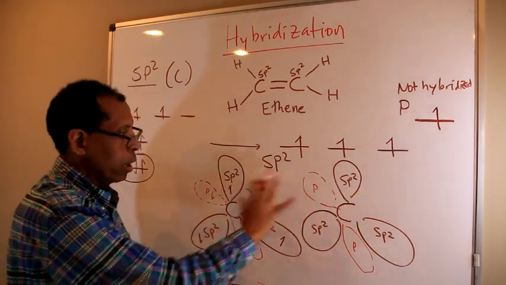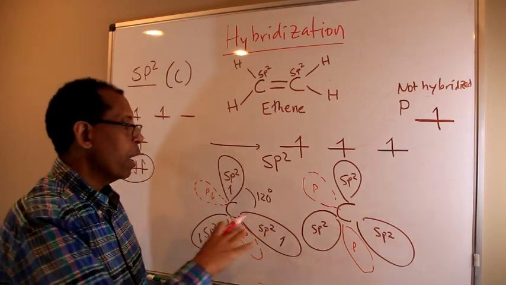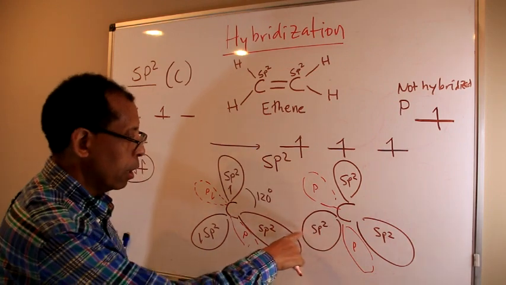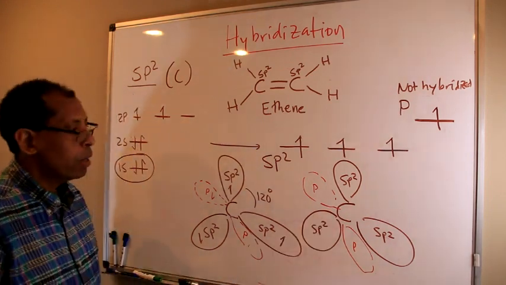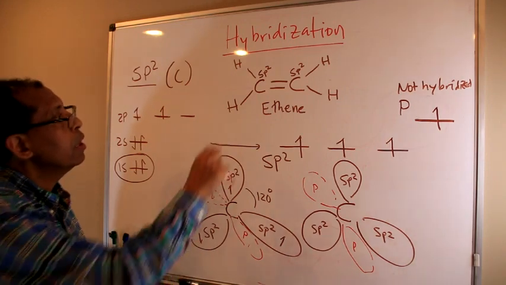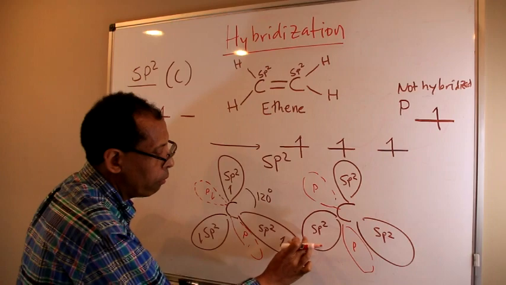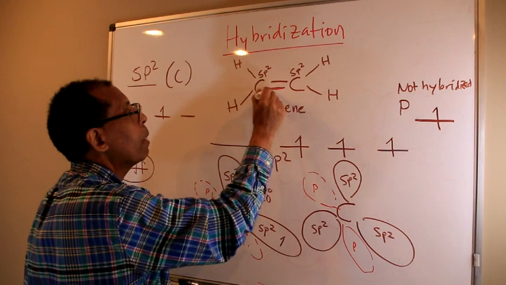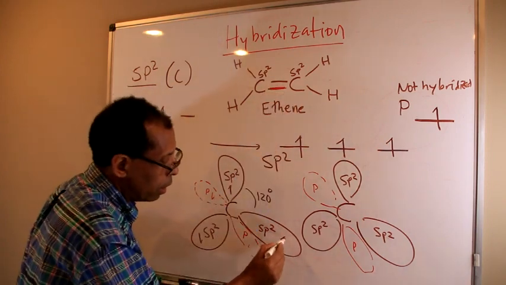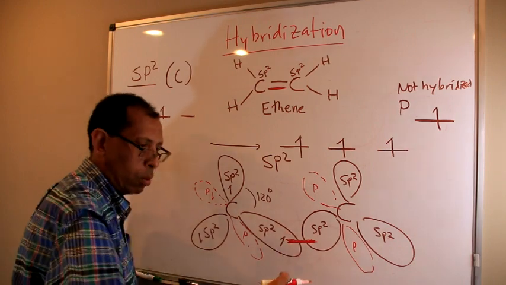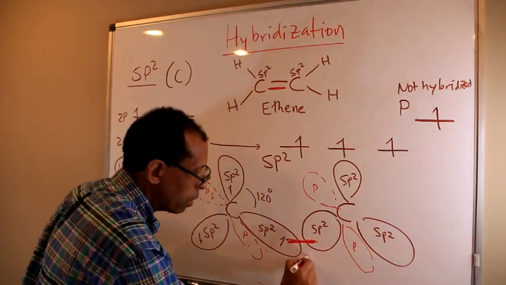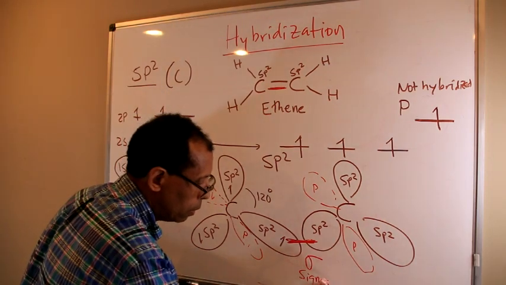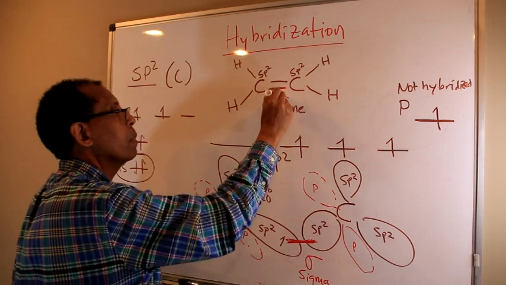So all the sp2s are on the plane, and then the p orbital is 90 degrees to the plane of the sp2 hybridized orbitals. Therefore now, if you just look at this, this is made by the overlap of this sp2. So this sigma bond is the overlap of these. They come and make the bond. This is a sigma bond. This is the sigma bond right here.